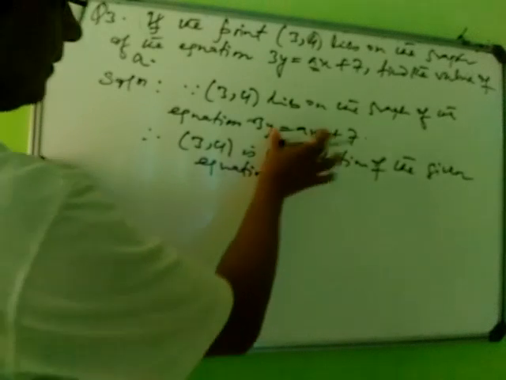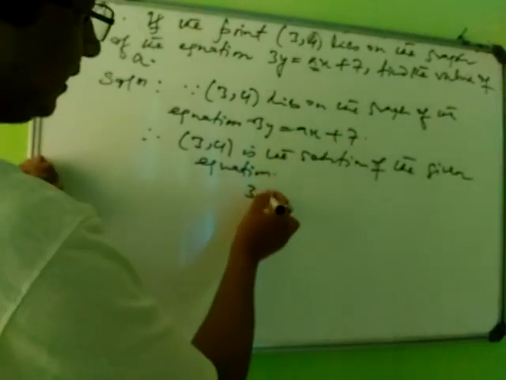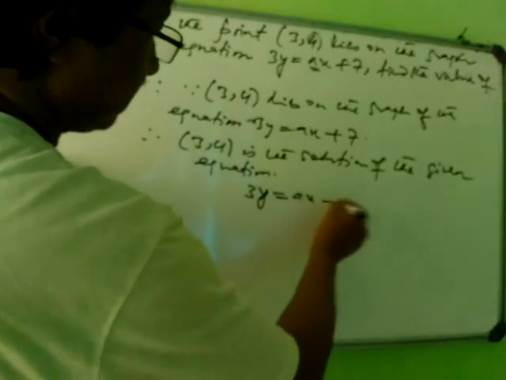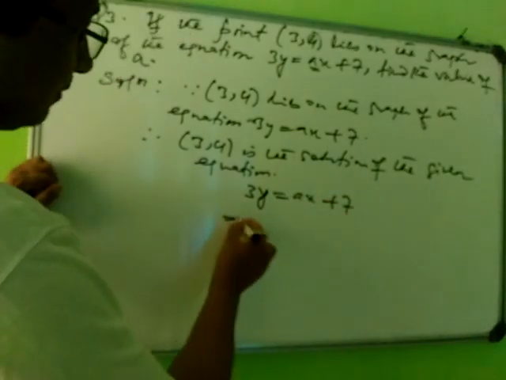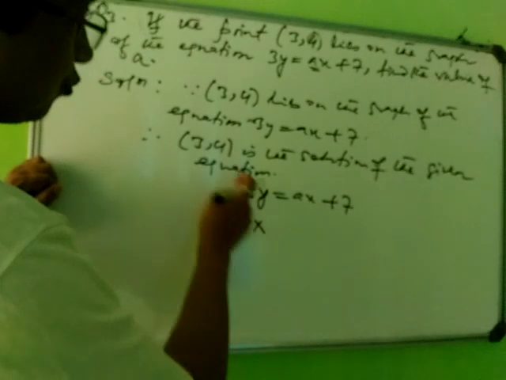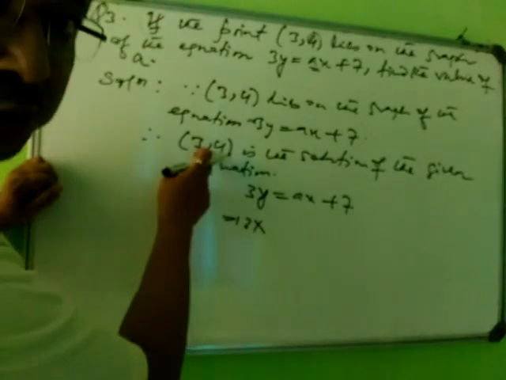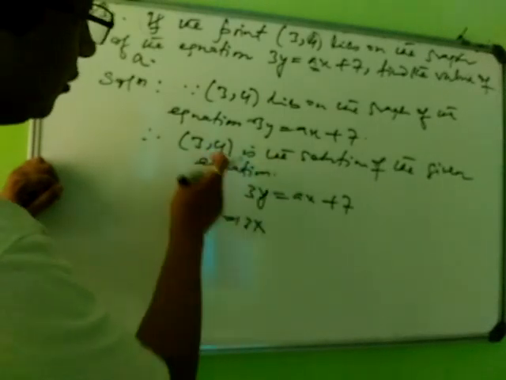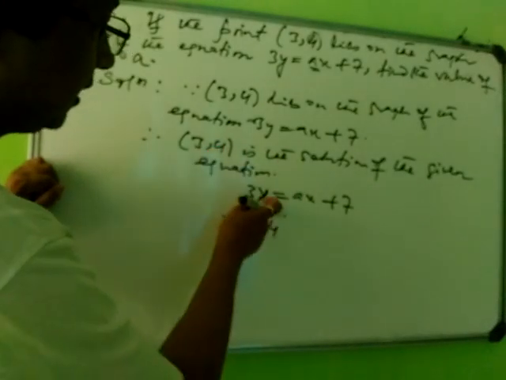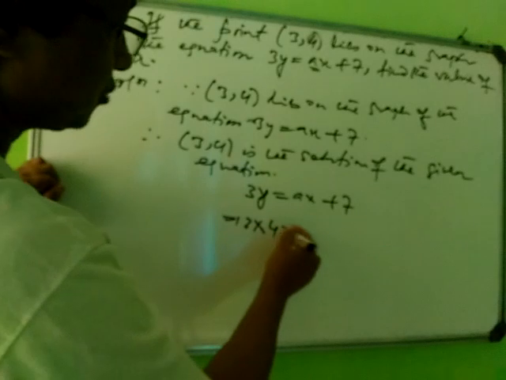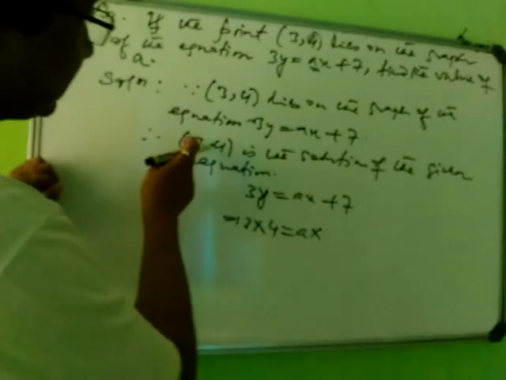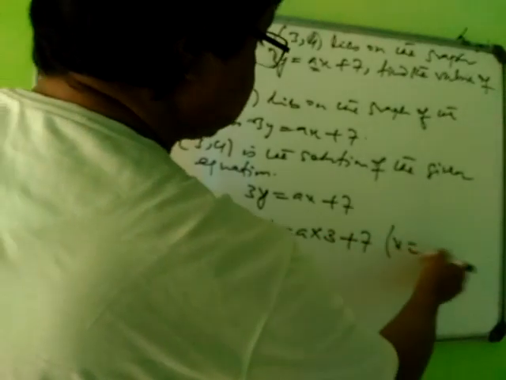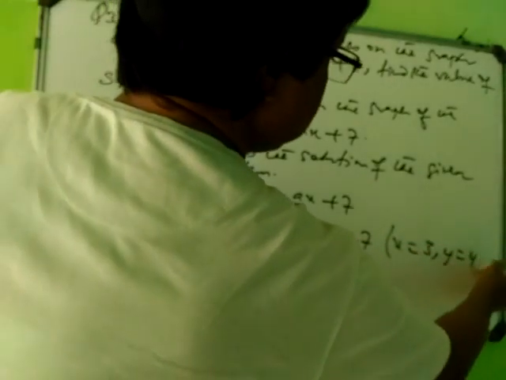So the equation is 3y is equal to ax plus 7. So this implies 3 into y. Now this is the solution, so that means x will be 3, y is 4. So here y is 4, equals a into x is 3, so 3a plus 7. Since x is 3, y is 4.